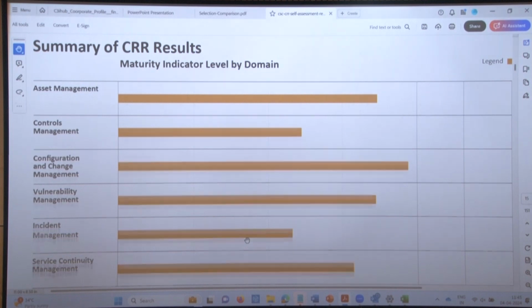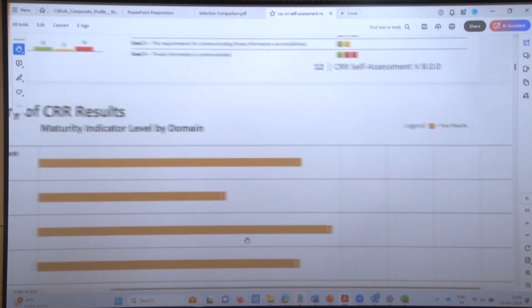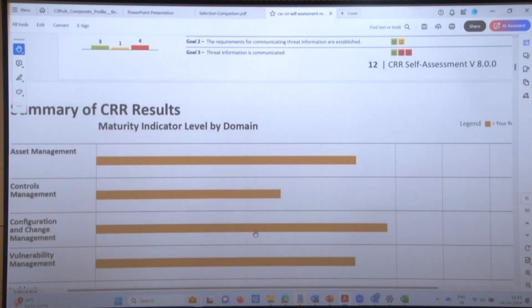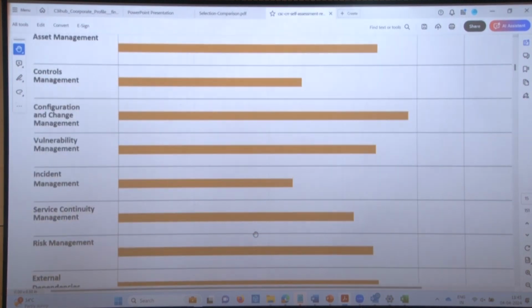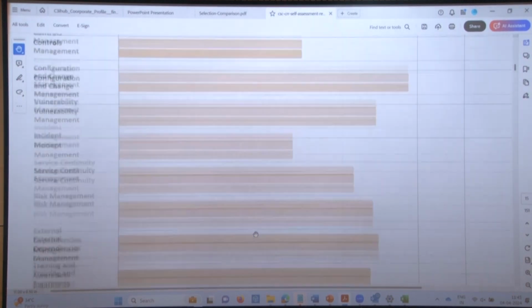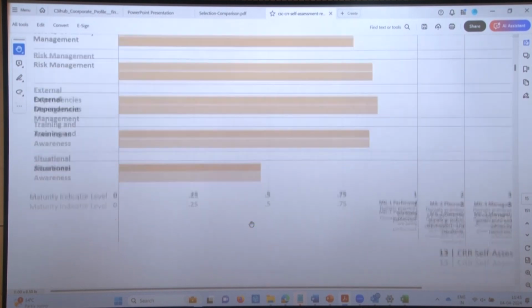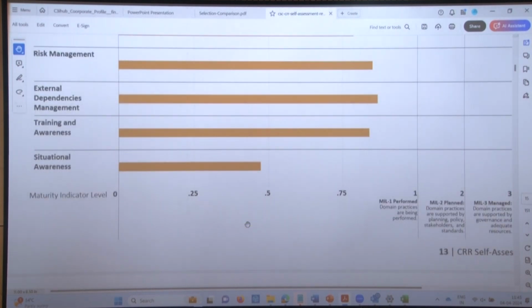So, you see this graph. It shows where you are with respect to the four domains, for the different MILs. For MIL 1, you are almost there. The one showing very poorly is situational awareness, where you are less than 50%.